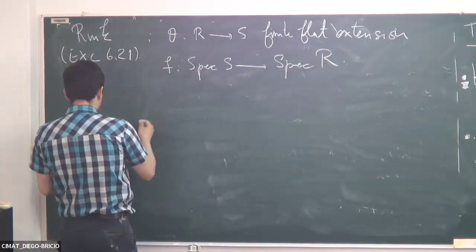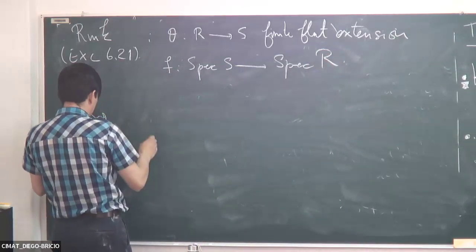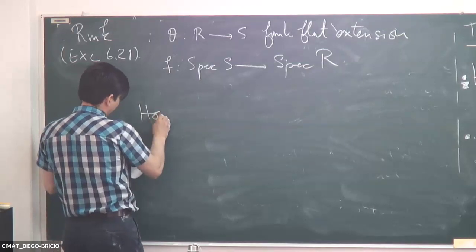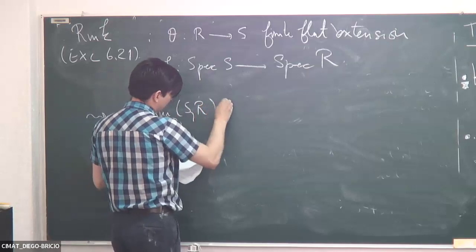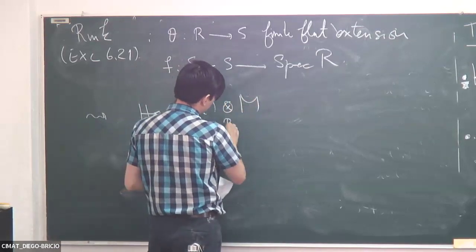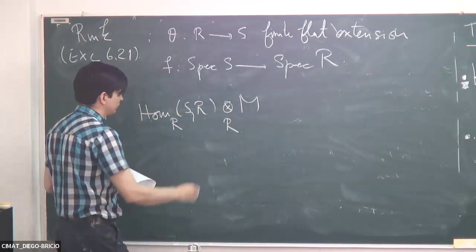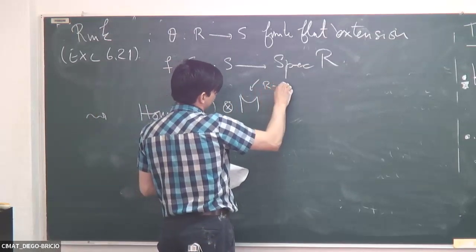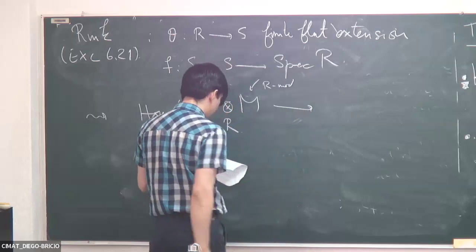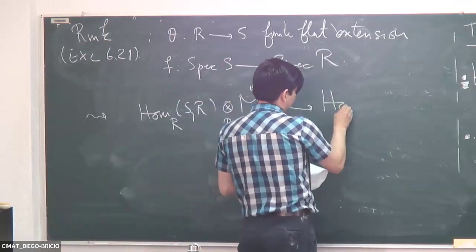And so look, we have a canonical map. Let me write it down. From here. So here I'm going to take any module. So this is an R module.